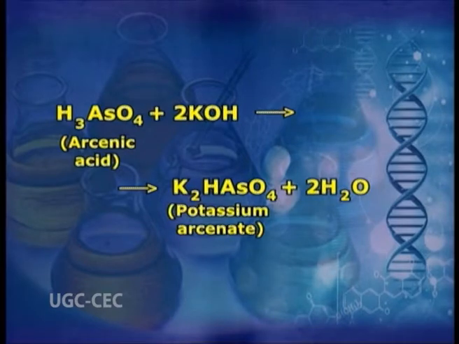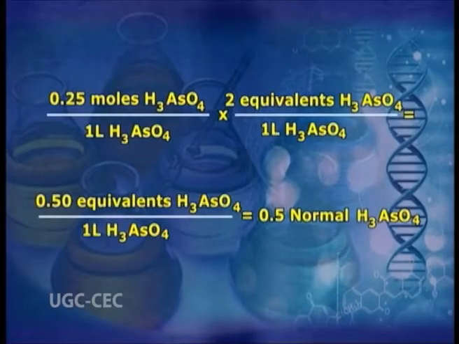Again, normality is equal to molarity times N. Remember that the solution is 0.25 mole arsenic acid and there were 2 protons exchanged, 2 equivalents per mole. That is why 0.25 moles arsenic acid times 2 equivalents of arsenic acid per 1 liter is equal to 0.50 equivalents of arsenic acid per 1 liter, which becomes a 0.5 normal arsenic acid solution.